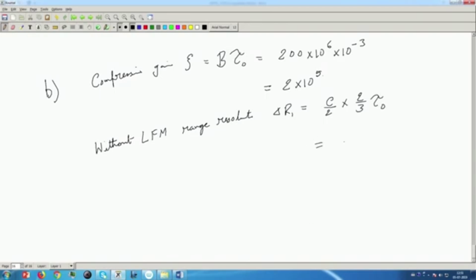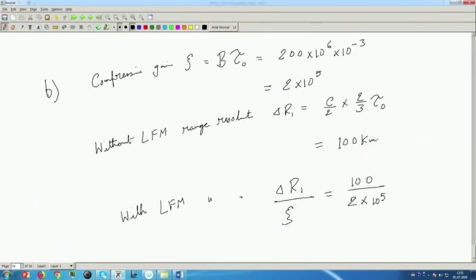If you put this in, it will come as 100 kilometer, and with LFM the range resolution will be delta R1 divided by the compression gain. So, that will be 100 by 2 into 10 to the power 5. So, it is 50 into 10 to the power minus 5 kilometer, a drastic improvement.